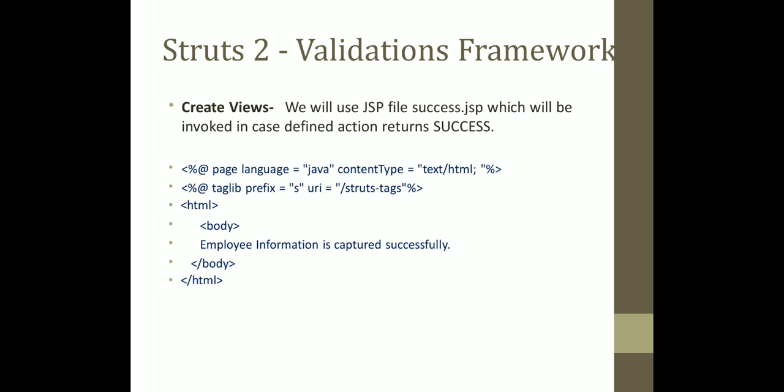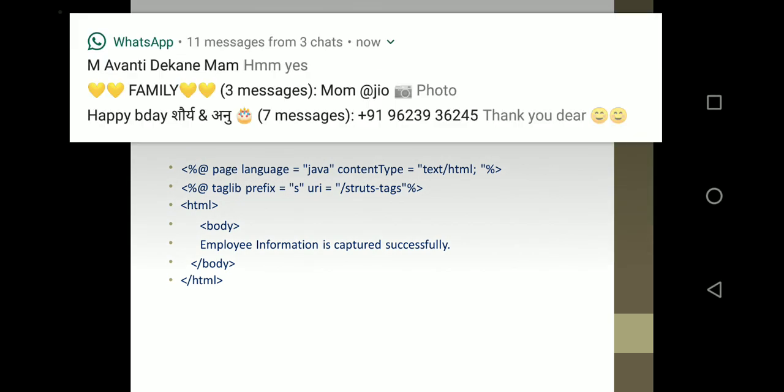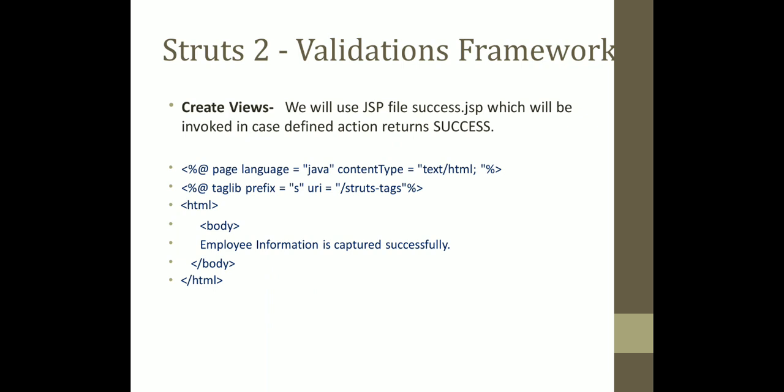So how that is used in the JSP file, we can see: we have included the tag library with prefix s and URI struts-tags, and in the HTML body part we have written employee information is captured successfully, and that is the end of this script. So simply we will use any JSP file success.jsp that will be invoked in case the defined action returns success.